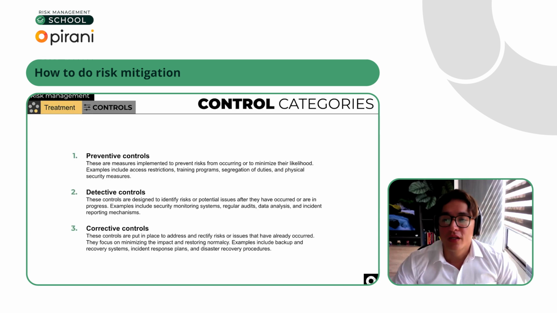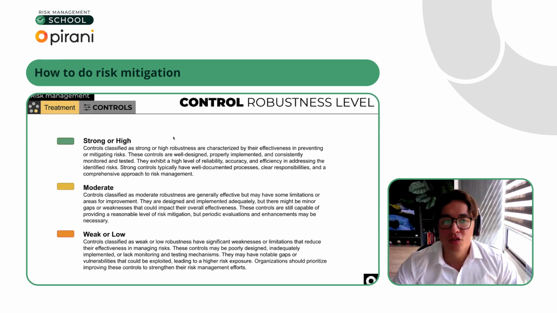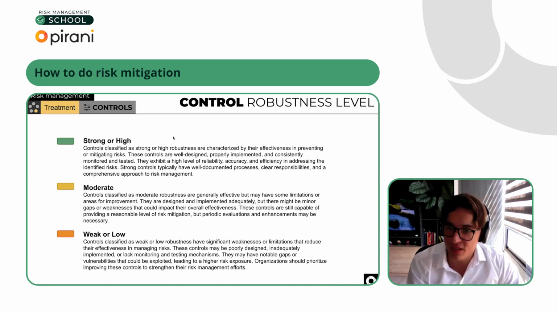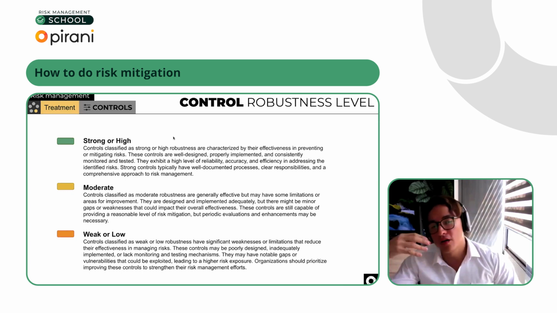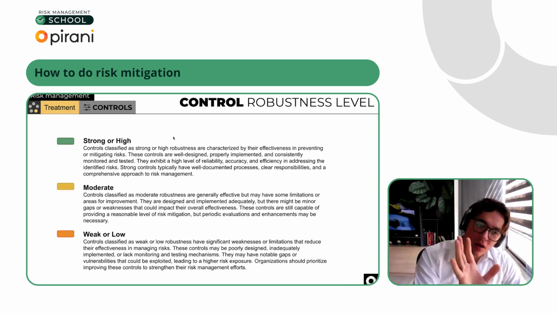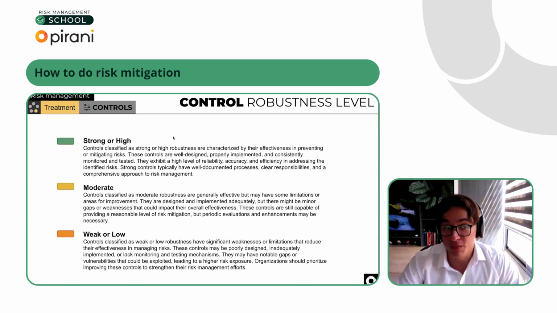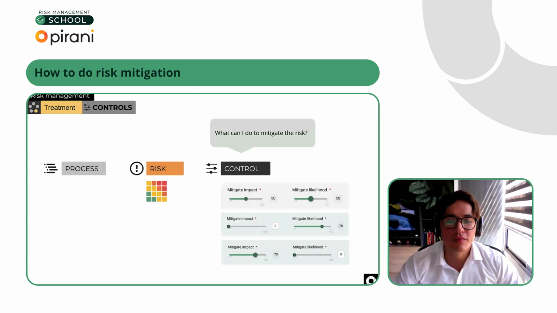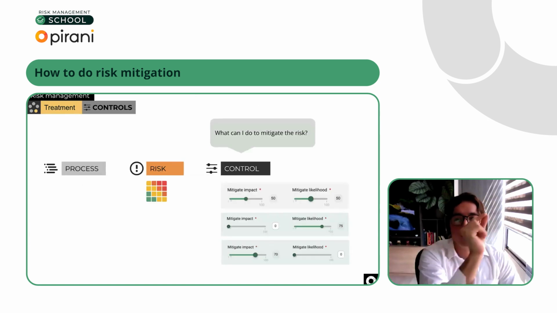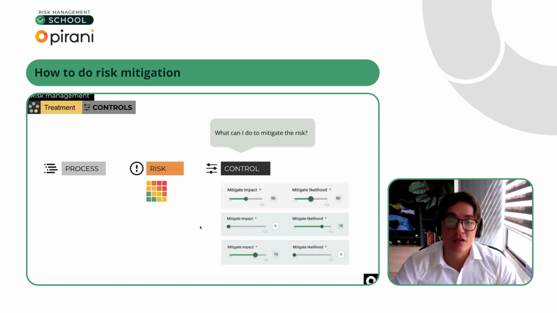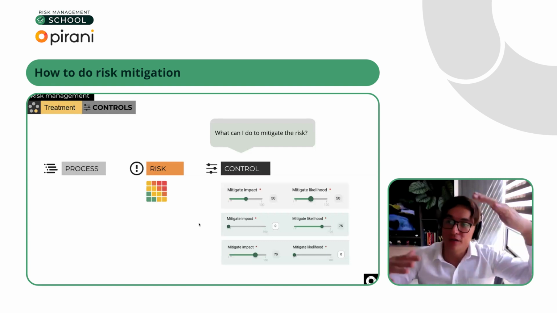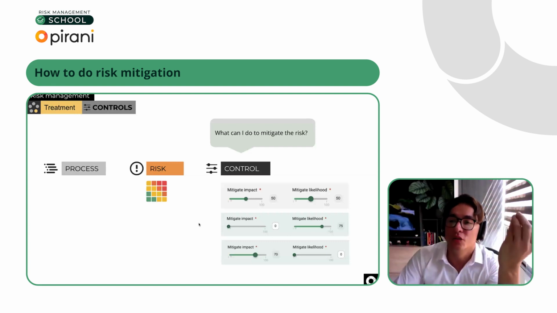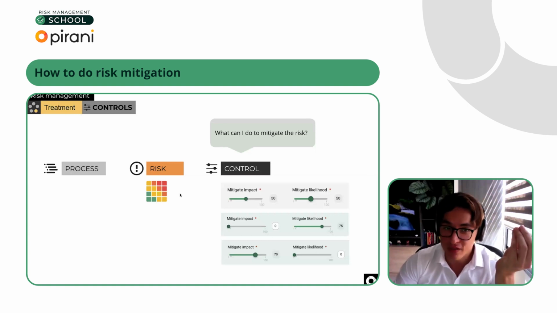And also, we need to consider that every control will have a robustness or an effectiveness. There are controls that are stronger, others moderate, and others weak. So the ideal is not to create a single control for a single risk, because the ideal is to have a layered controls strategy to mitigate any specific risk.